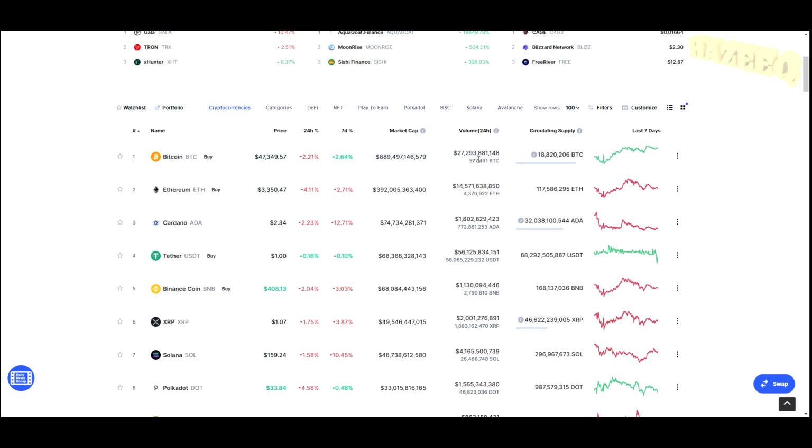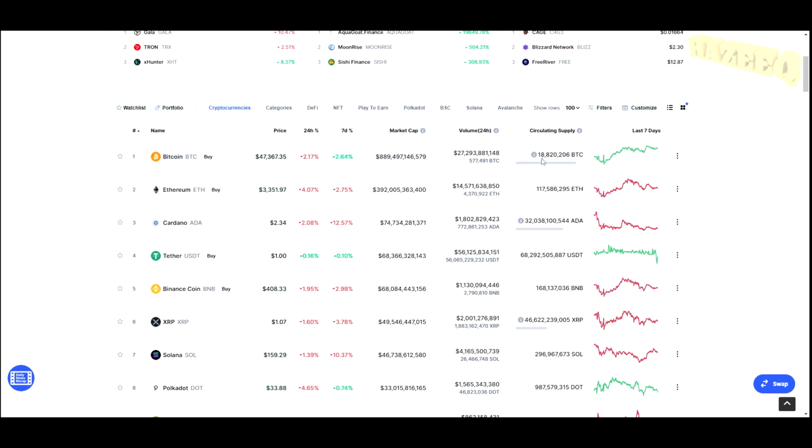So what this means is they take the circulating supply and they take the price. So they multiply the price by the circulating supply and you get the market cap. So they multiply $47,400 by the supply, which is 18,200,000, whatever the supply is, right?